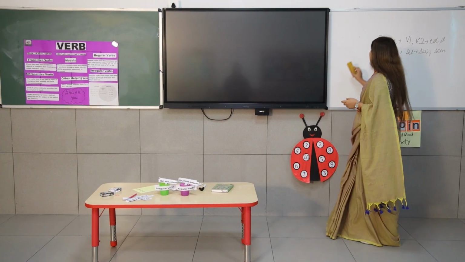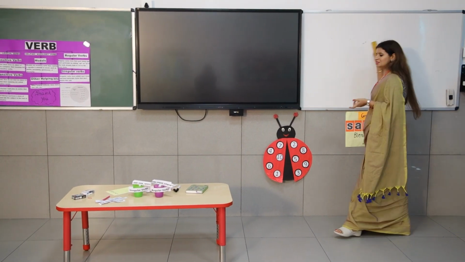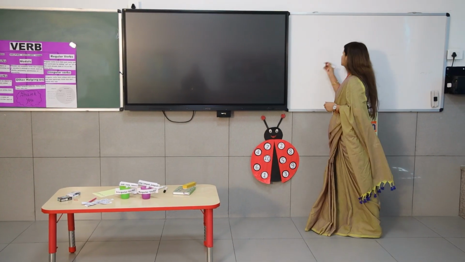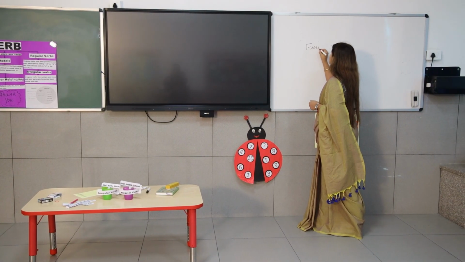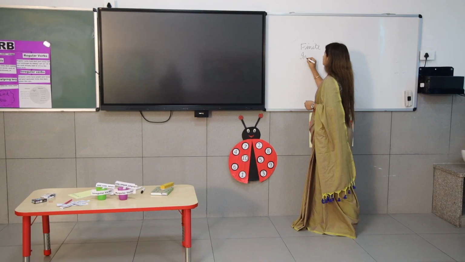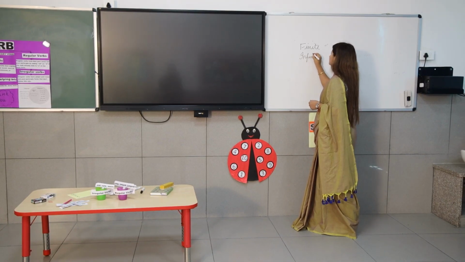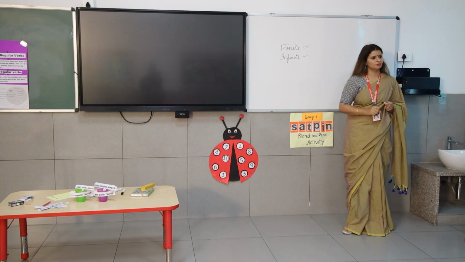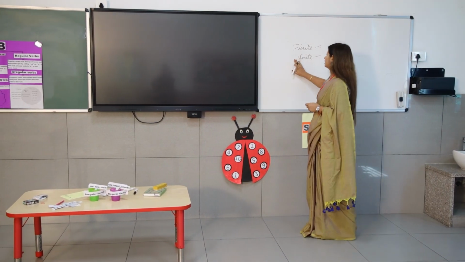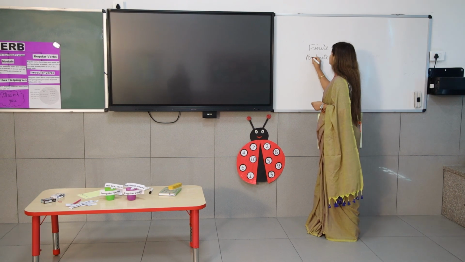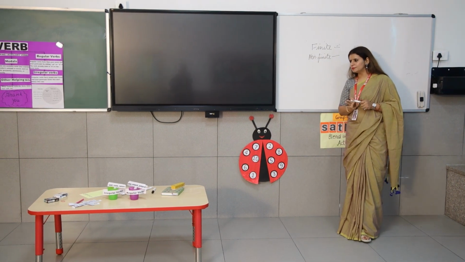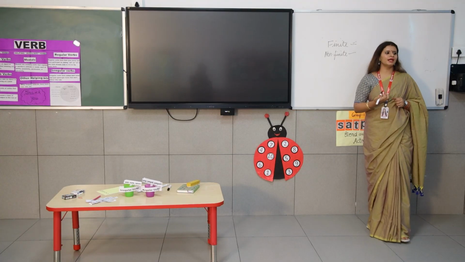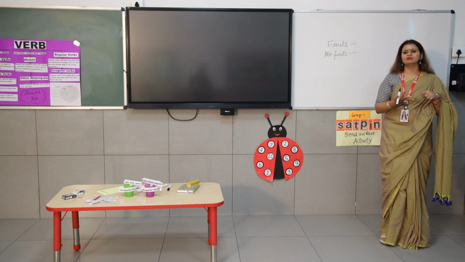Now, one more type I would like to take here, which is again not there in class 6, but you can introduce it to your child. That is finite and non-finite verbs. What are finite and non-finite verbs? The topic will start from tenses, where my tense is changing according to the person and the timeline.